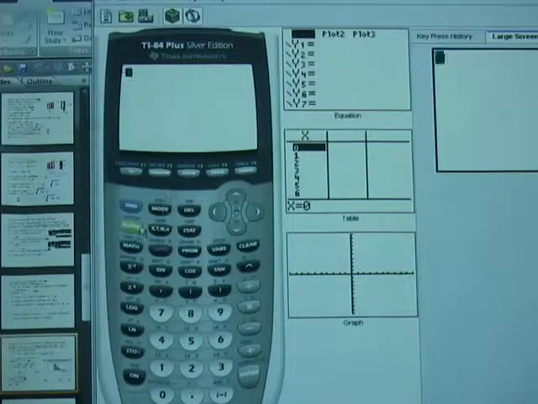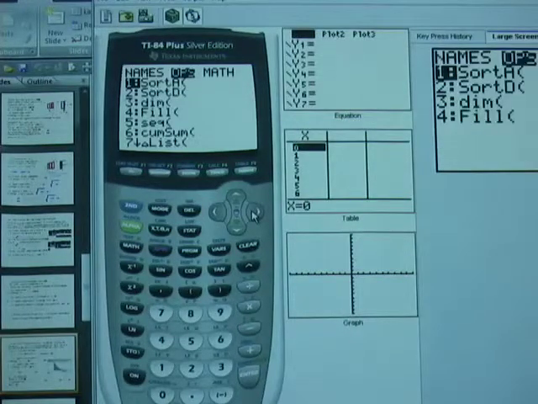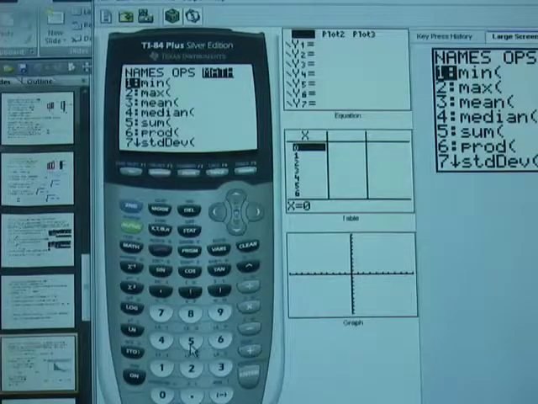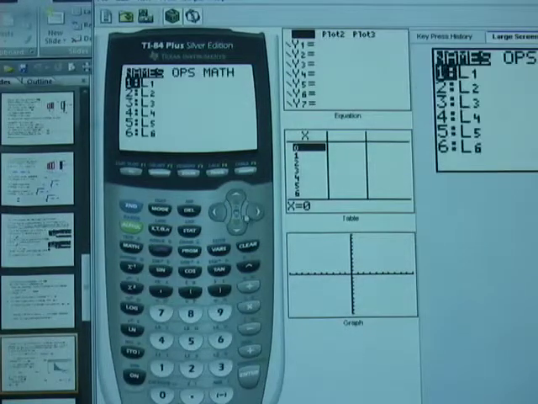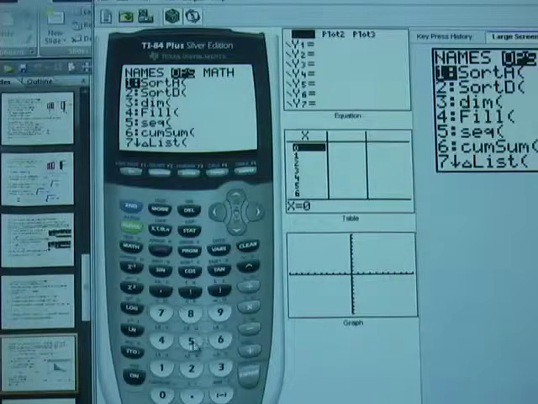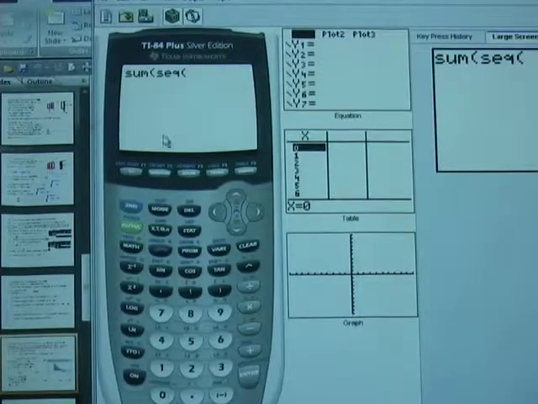We need to have sum, that is second, stat, right arrow twice, and choose the sum, second stat, right arrow once, choose sequence. Sum sequence, we need to have 2 parentheses there. Now, what would you write? Negative 1 plus, always remember, negative 1 is the bottom one. Don't use the subtraction sign.